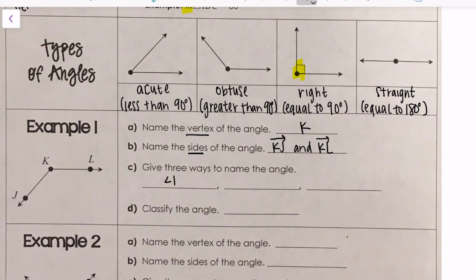Now I'm going to name the angle in 3 ways. I know I can name it with just the vertex, but I can also name it using the other endpoints, just making sure that vertex is in the middle. And then I'll classify the angle. Well, I'm looking to compare it to the right angle, and I see it's greater than the right angle, so it is obtuse.